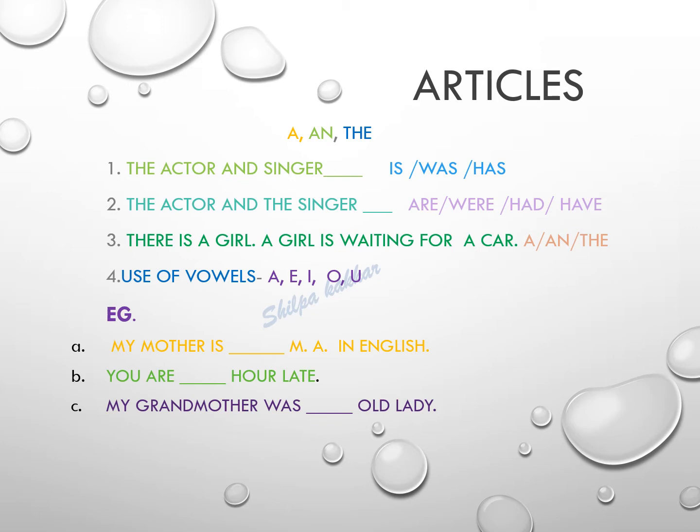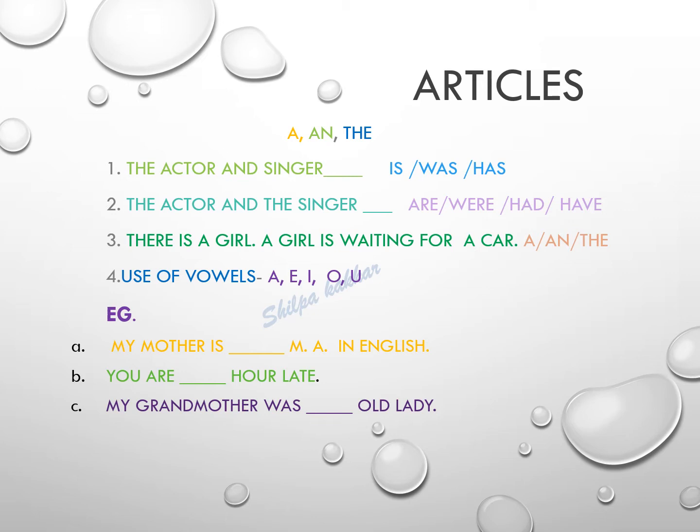The actor and singer is the one who is going to be present in this concert. So we are talking about the same person. That is why we have not used the actor and the singer.